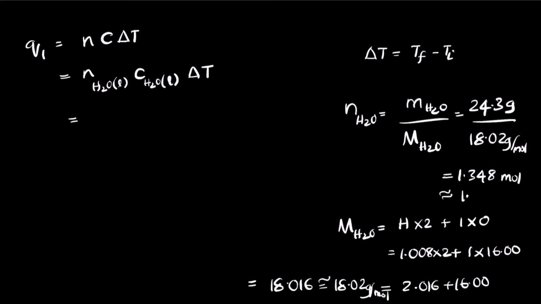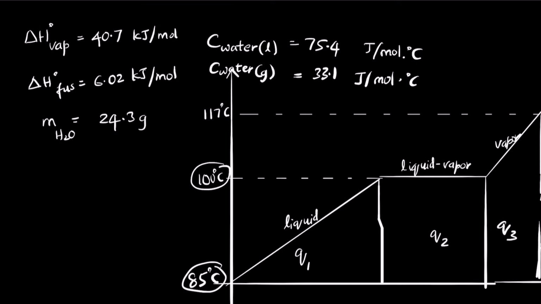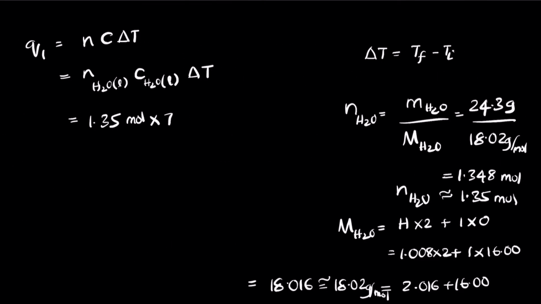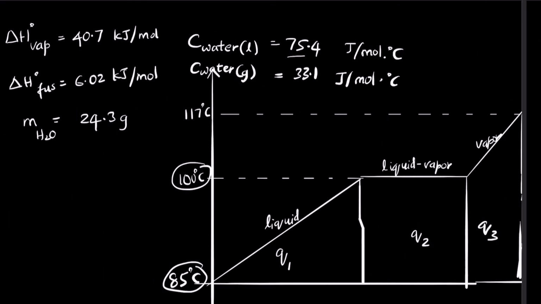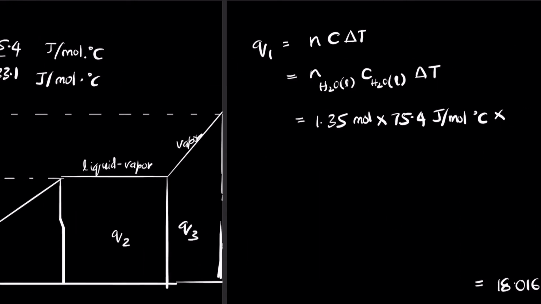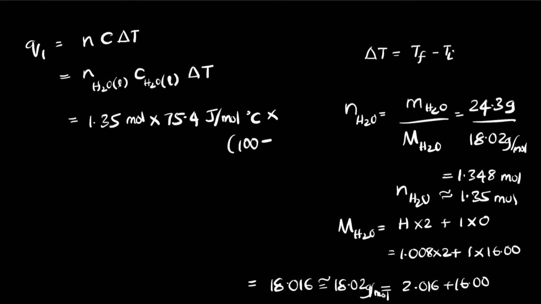So when you round it off, you get 1.35 mole. So the number of moles of H2O is 1.35 mole. So you have 1.35 mole times specific heat of water when liquid is 75.4 joule per mole degree centigrade times the temperature change, which is Tf minus Ti. Tf is 100. So times 100 minus 85.